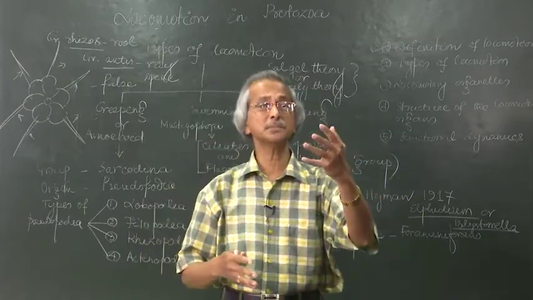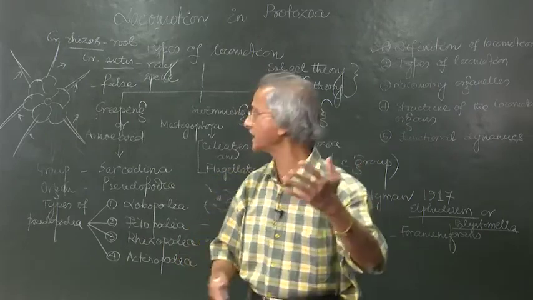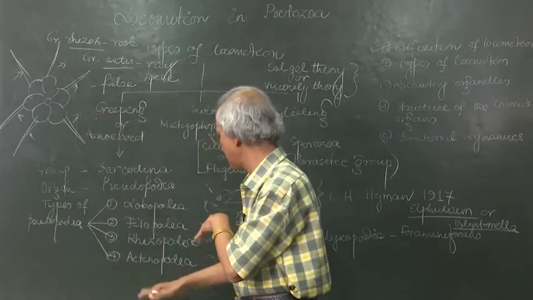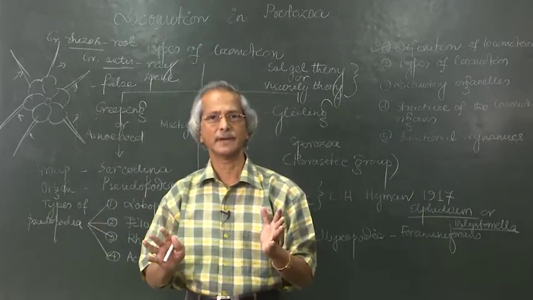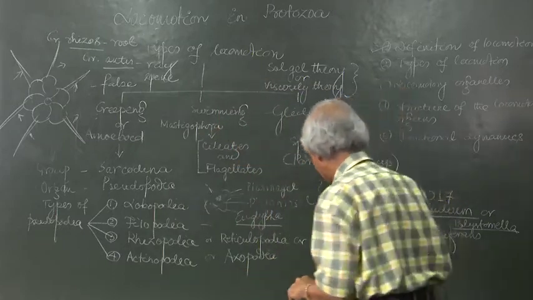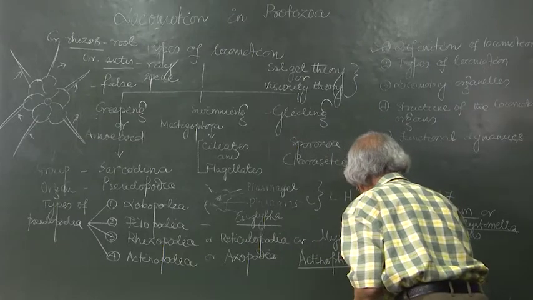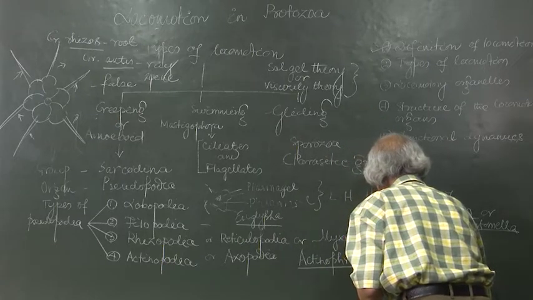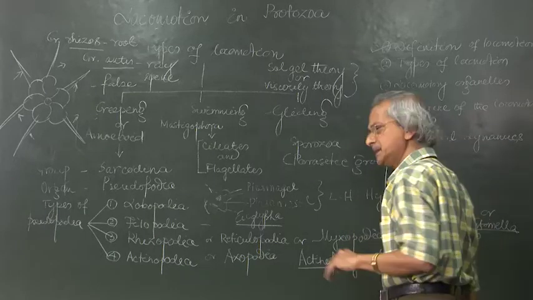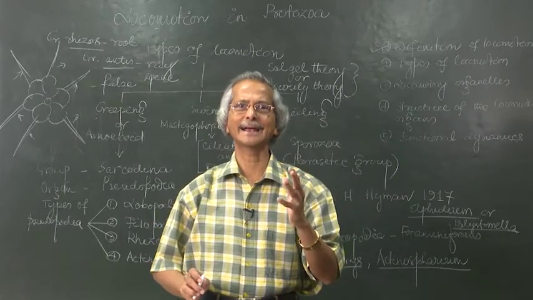These are also semi-transparent in nature, and all spine-like, therefore these are named actinopodia. And these actinopodia are found in animals like Actinophrys and Actinosphaerium, so this type of structure is found in Actinophrys and Actinosphaerium.